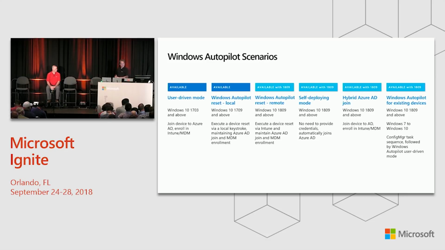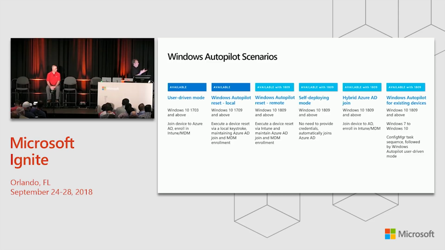And then, again, Windows Autopilot for existing devices. This is really targeting those Windows 7 and Windows 8.1 devices that are typically managed by Config Manager today, probably joined to Active Directory, managed by Config Manager. Now you want to deploy Windows 10 to them, but then have them go through the autopilot process.